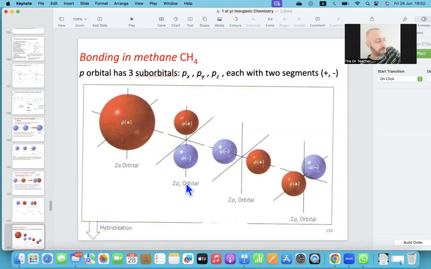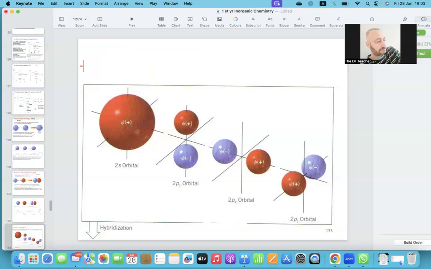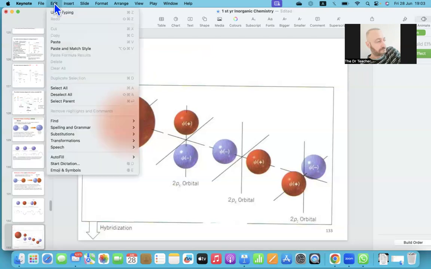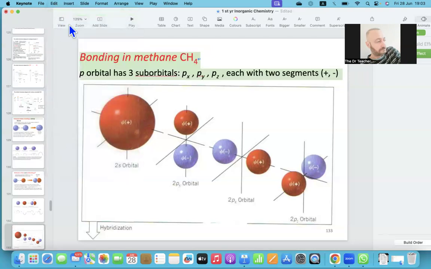This is the py axis, and there is a px axis and the pz orbital. So here the p orbital has three suborbitals, consisting of px, py, pz, each with two segments, plus and minus. Plus and minus here means the direction.